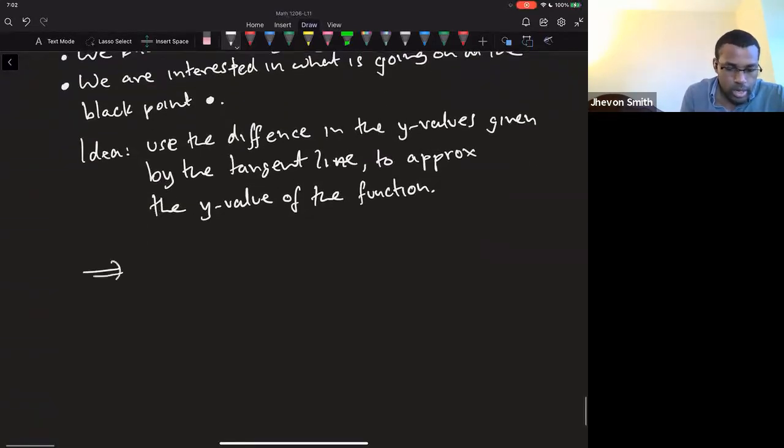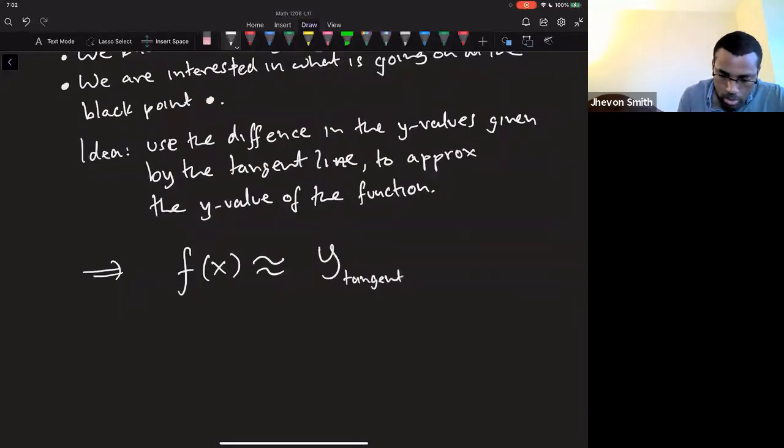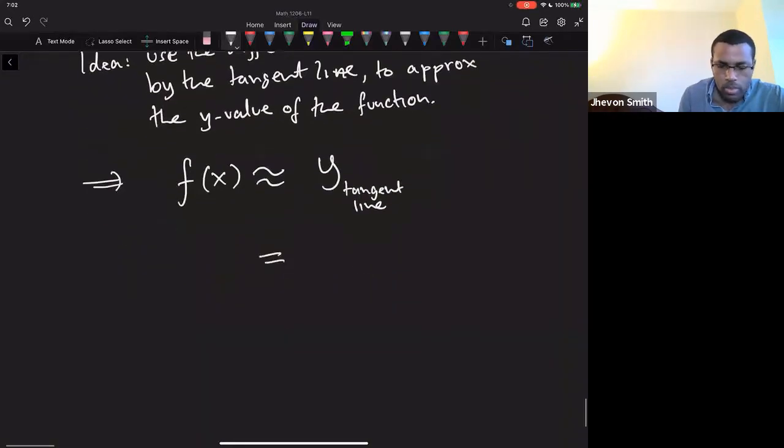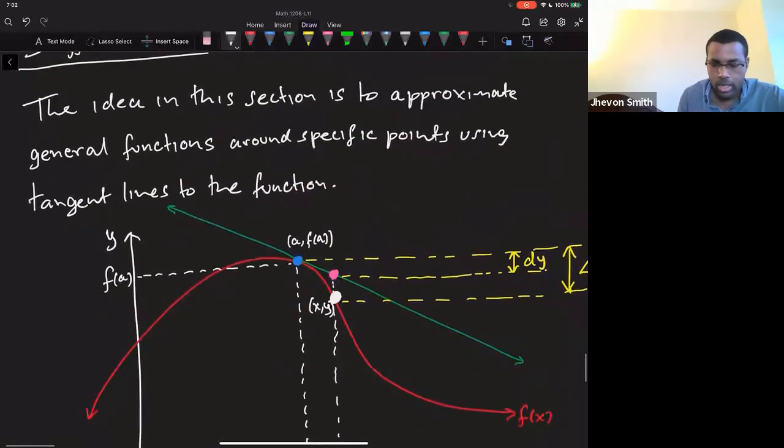So we get the following. In other words, f of x is going to be approximated by the y value for the tangent line. Now, what is the y value for the tangent line?